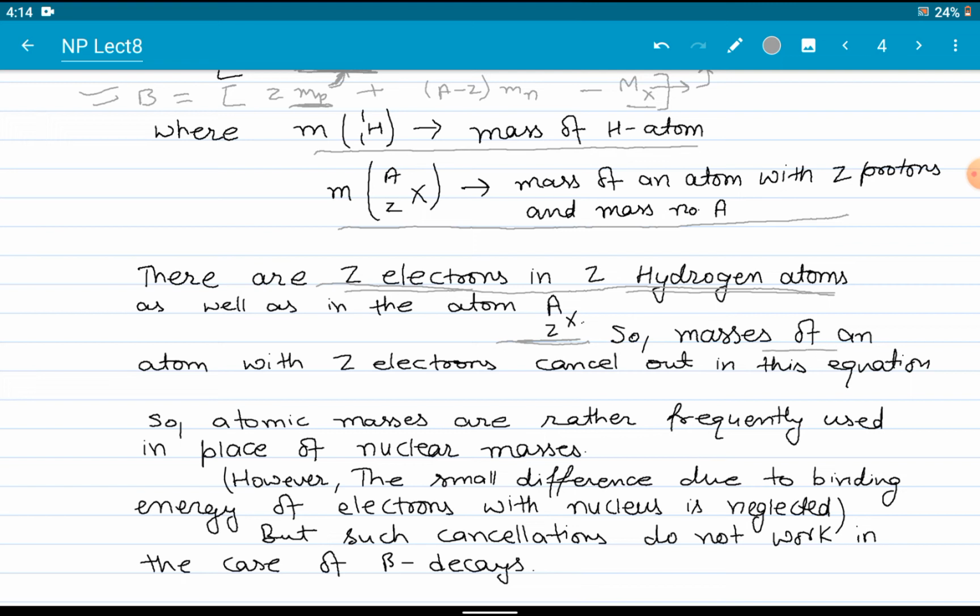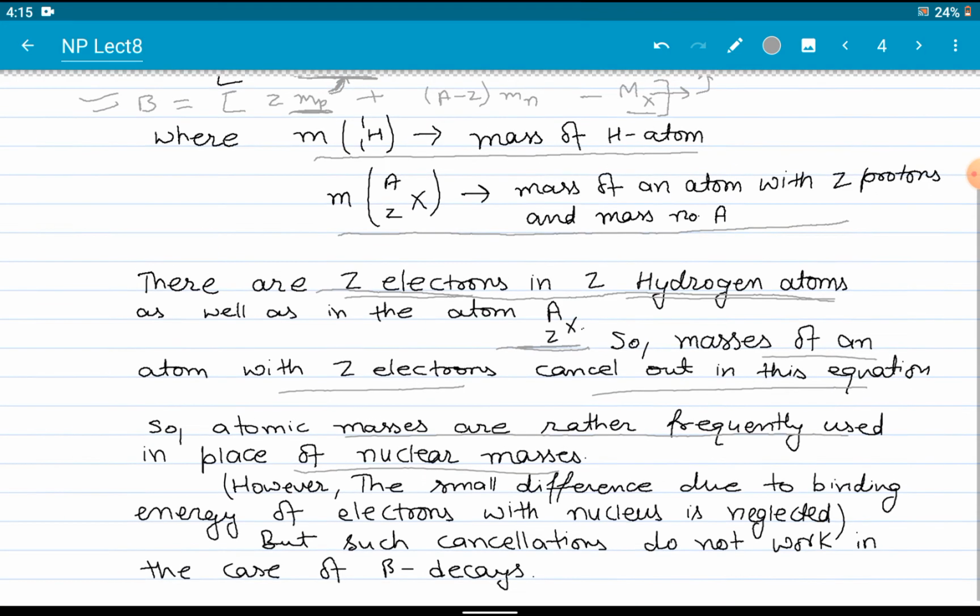So masses of the atom with Z electrons cancel out in this equation, so atomic masses are rather frequently used in place of nuclear masses.